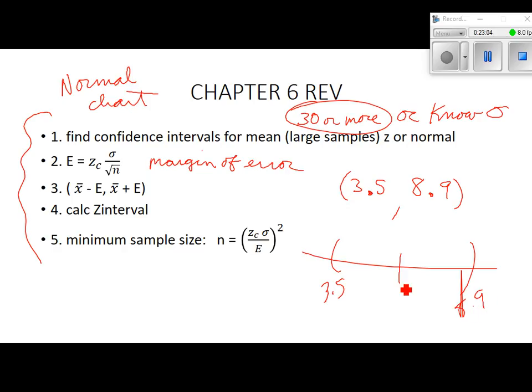X bar would be right in the middle here. Well, to find that middle, we just average them, add and divide. And then for the margin of error, we subtract them and divide by 2. The margin of error is that distance from there to there. The distance from X bar to this number, or the distance from X bar to the low limit. However you want to find it.